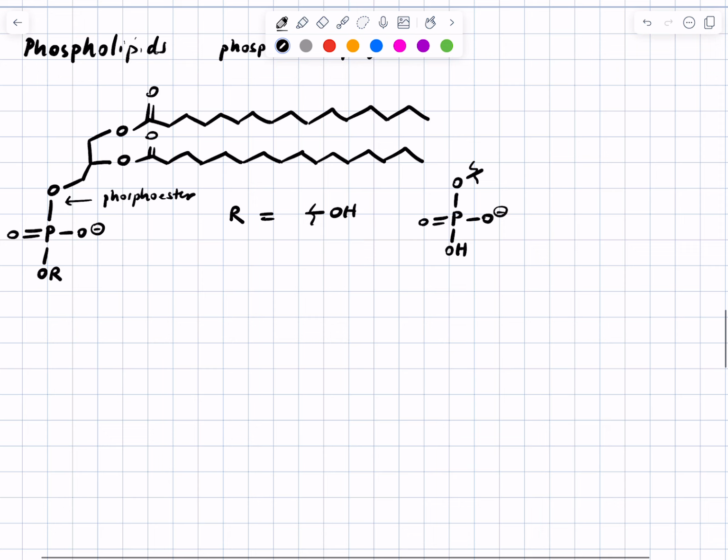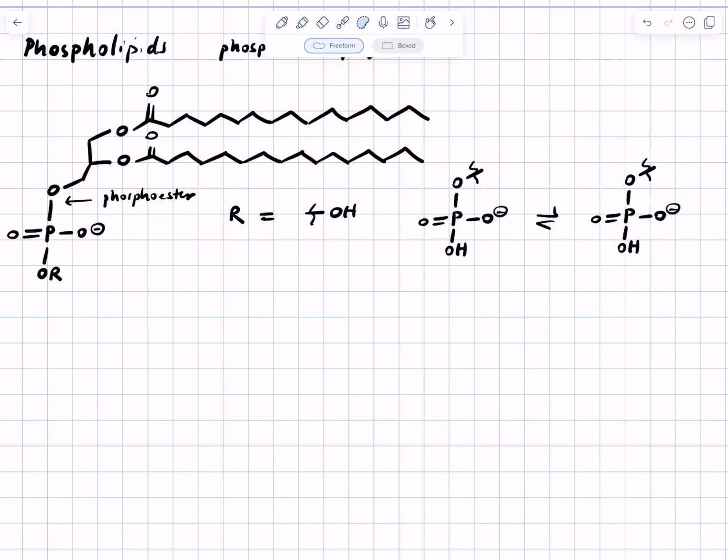And of course, this would be in equilibrium with its conjugate base. The pKa of the singly negatively charged phosphate group going to a doubly negatively charged phosphate group is probably around 7.